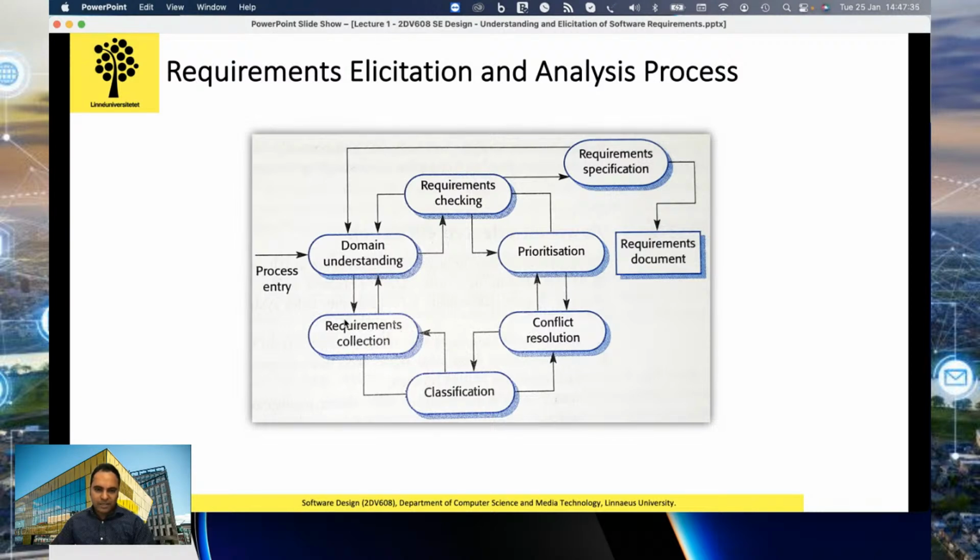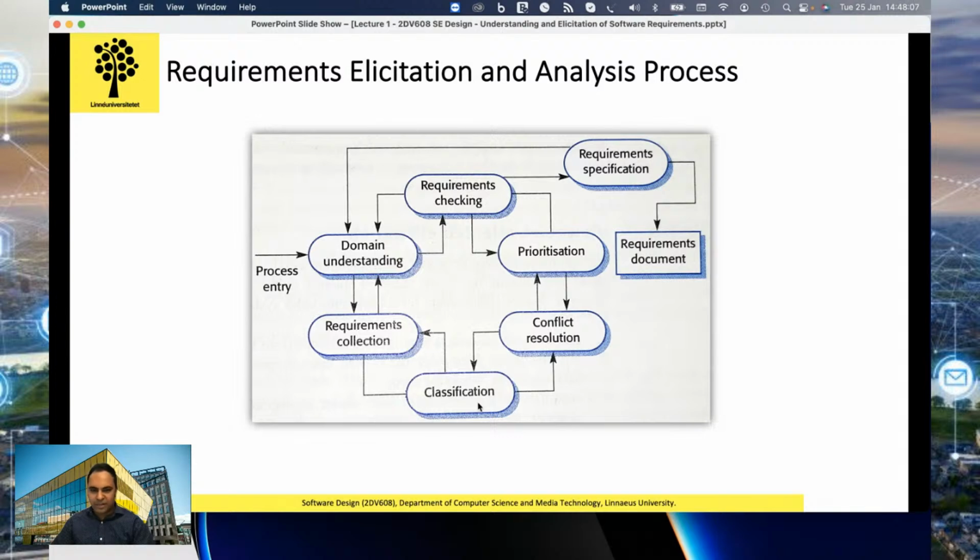But if you see that there are some missing requirements, that means you have some problem in the domain understanding, so you have to go back to the previous step. But if your requirements collection is done, you go for the classification. And again, during the classification, if you find problems, that means your requirements collection was not done properly, so you go back.